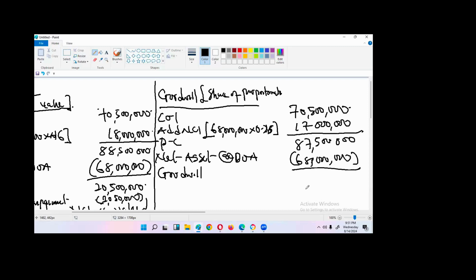So what is the goodwill now? 87,500,000 minus 68 gives 19,500,000. Any issue?